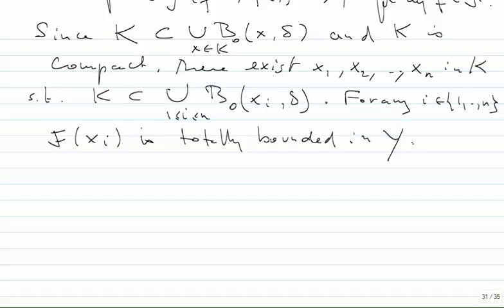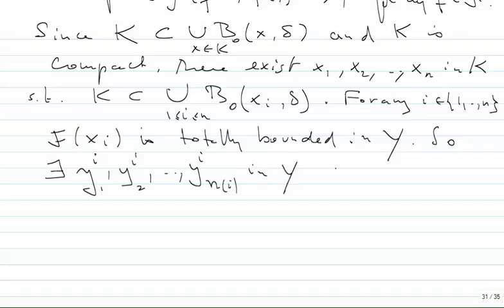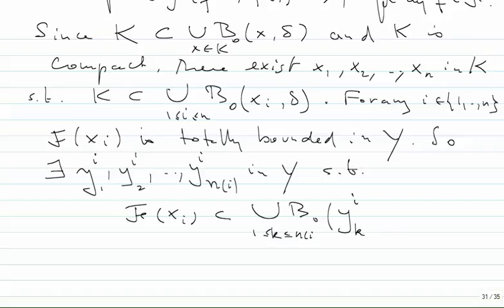And therefore there exist yi1, yi2, ..., yi ni such that f of xi is in the union of the open balls centered at yik, k between 1 and ni, with radius epsilon over 4.